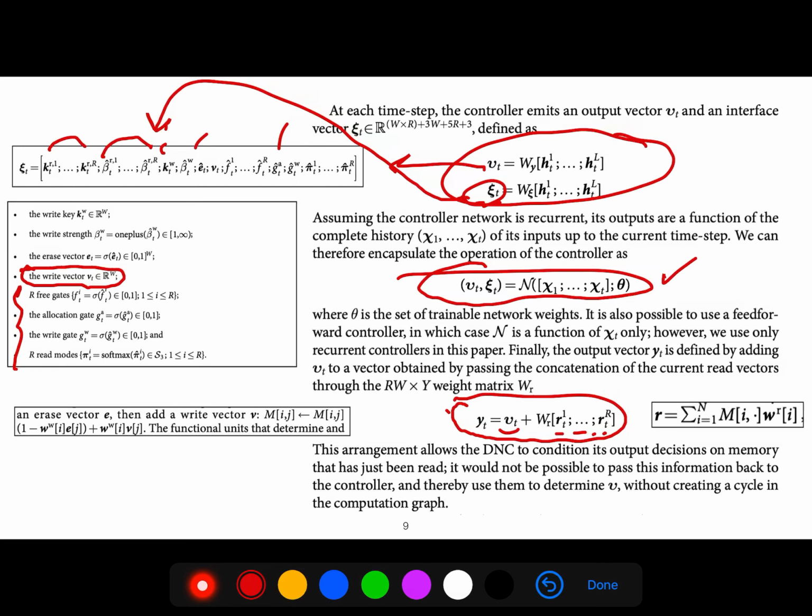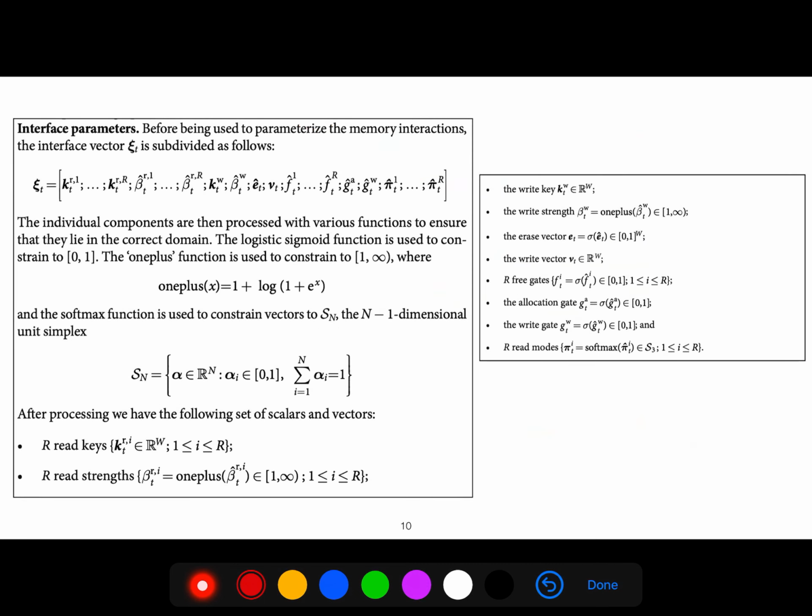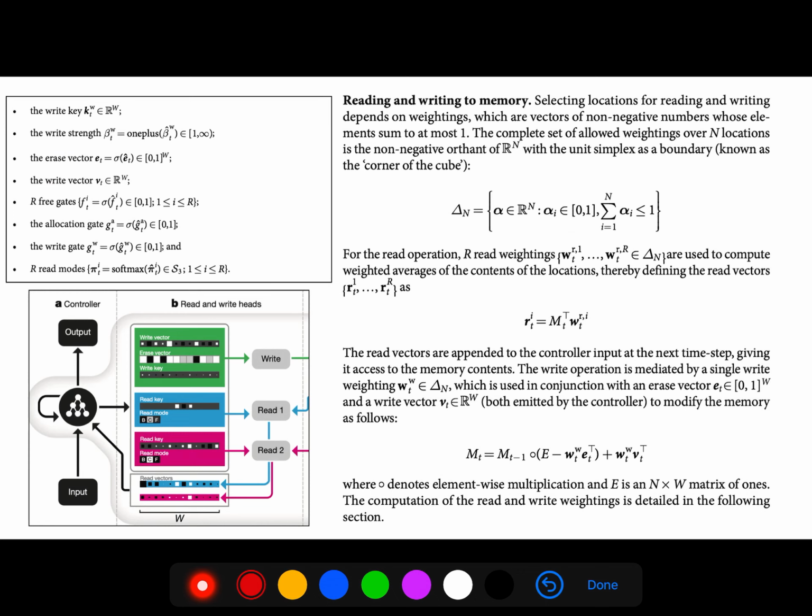And your read is calculated like this, and you know how this M is updated like this. So we have the interface parameter, as I said, this long vector. And here we are calculating the read, we define the read vectors as well.